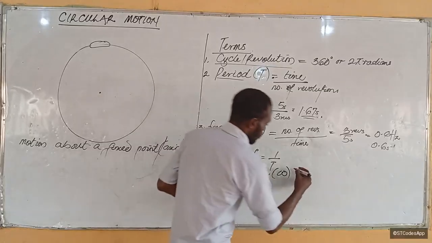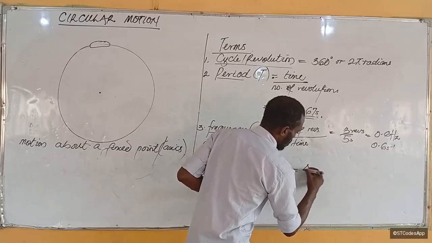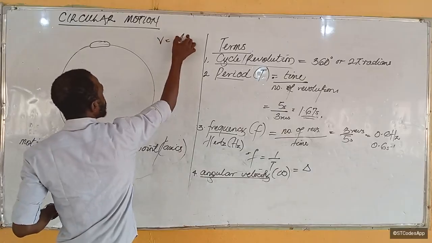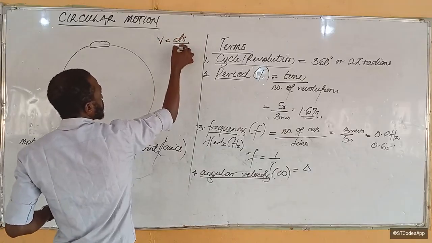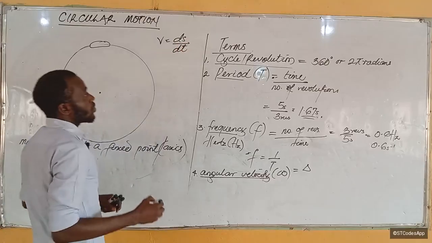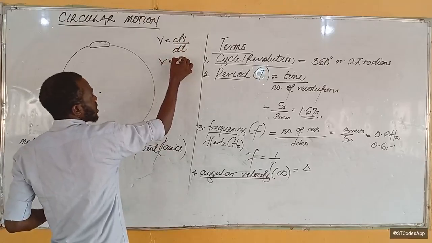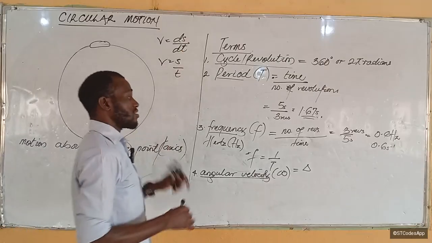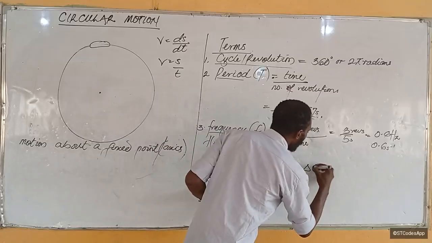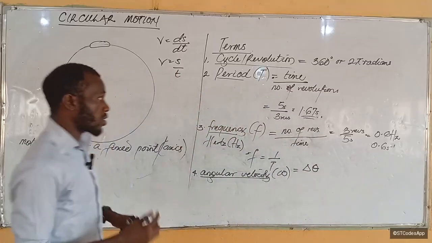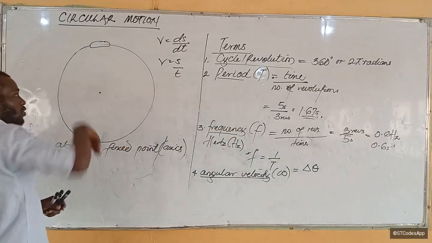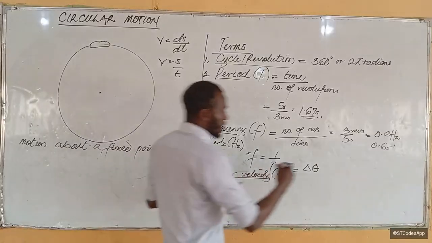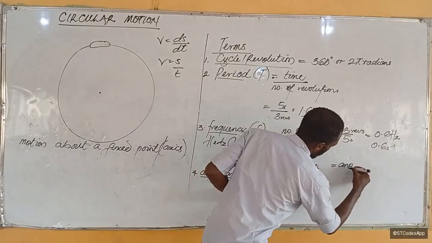If normal velocity is change in distance or displacement over change in time, or you could just say S over T, then angular velocity will be the change in angular displacement, because in this case we are not covering linear distance, we are covering angular distance.